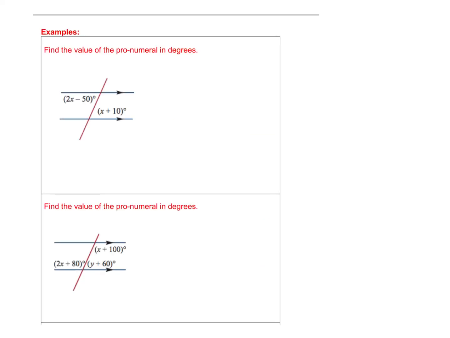Okay, so let's have a look here. If you have a look at these two, what we're trying to find here, we've got this angle and this angle. They are actually alternate angles because I have two parallel lines here and a line intersecting. Now we know that alternate angles are equal to each other.